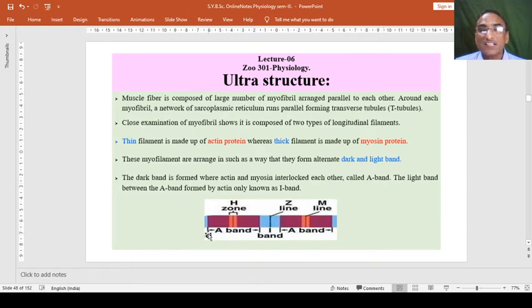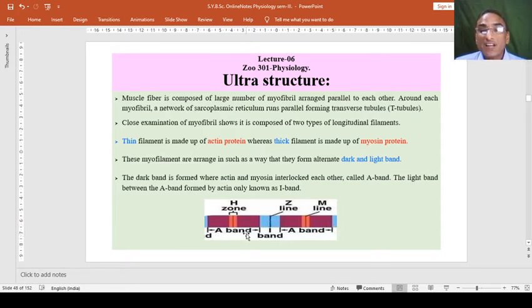You can see that in this figure. The diagram shows alternately the A band, Z line, H zone, then A band, M line; all these things are collectively present on the myofilament.